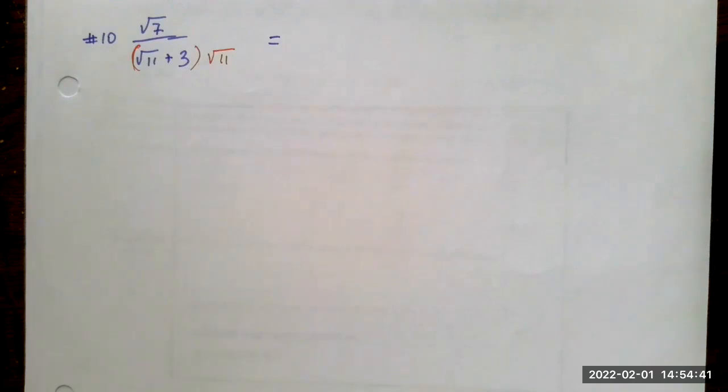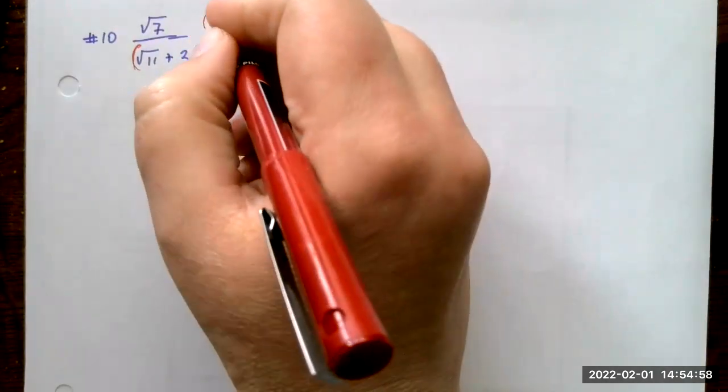We cannot just pick and choose and multiply one term in the denominator. No, we cannot do that. We have to multiply the entire denominator and then the entire numerator as well. So let me just indicate that too, to remind you.